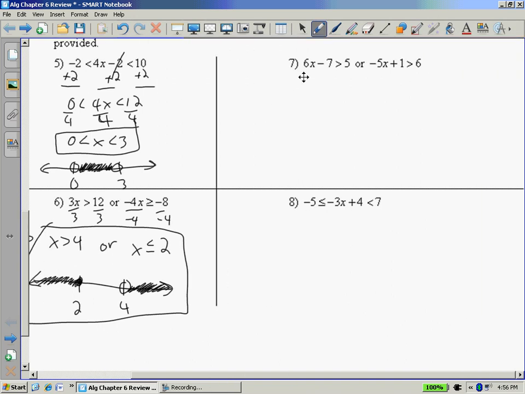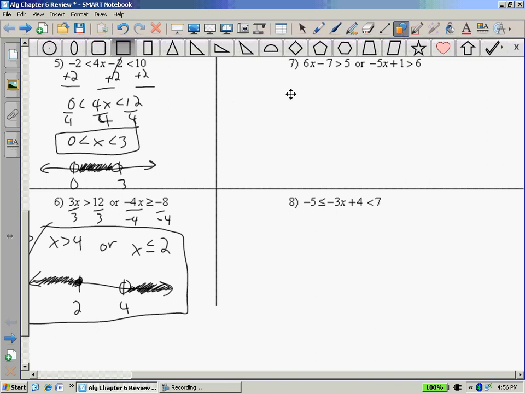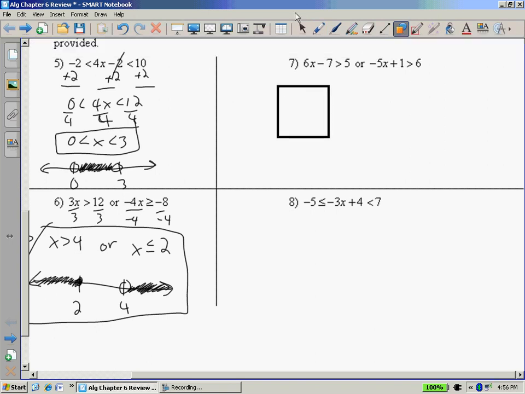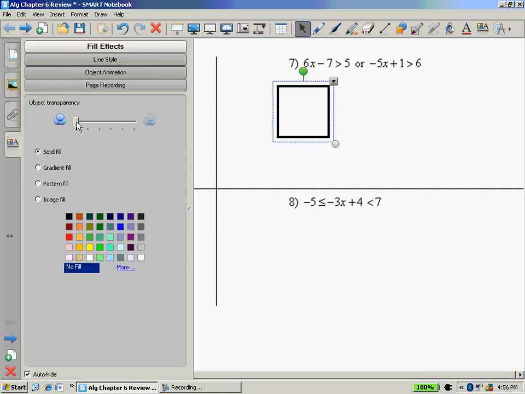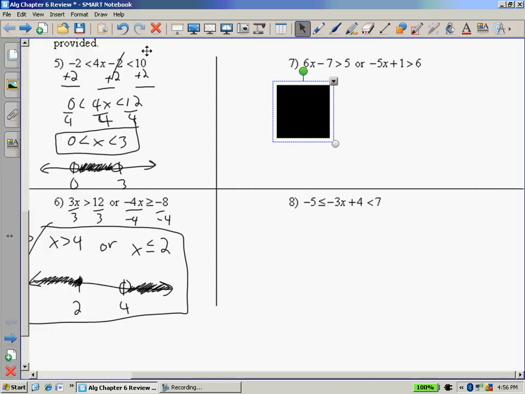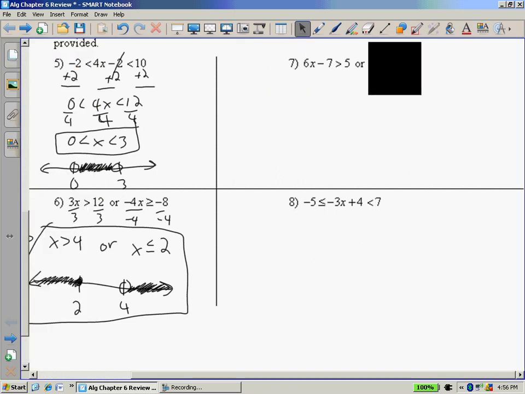Number 7, it's an or statement, so I'm going to completely ignore this part first and just solve the left-hand side.